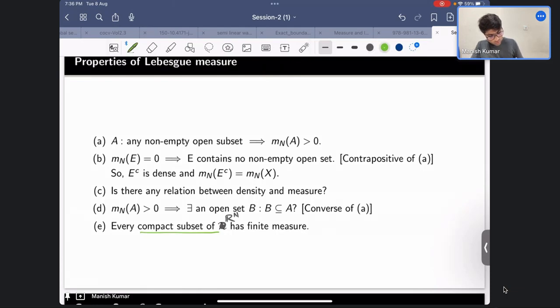Compact means bounded. Bounded means that if you are in the real numbers, it is contained in some bounded interval. If you are in R2, it is contained in some bounded square. If you are in R3, it is contained in some bounded cube, and so on. So bounded, and so finite measure by subadditivity.